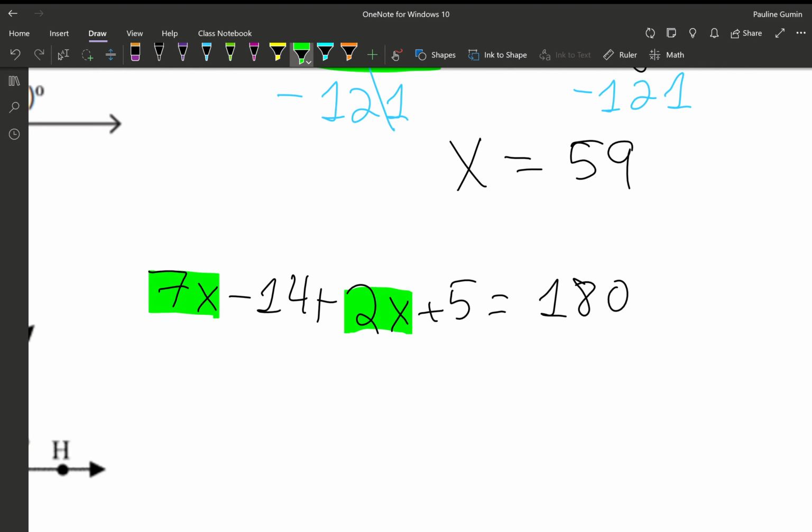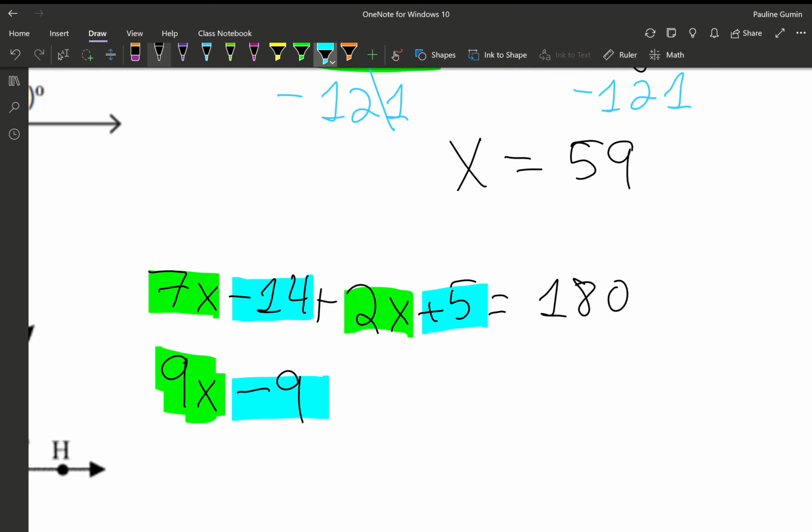I see 7x and 2x, and I also see minus 14 and plus 5. So first, 7x's plus 2x's give us 9x's. Negative 14 plus 5 gives us minus 9. And that still equals 180.